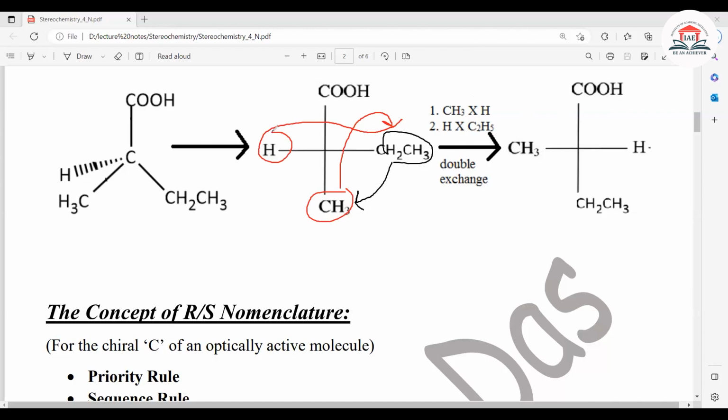So hydrogen will go to the right hand side, methyl will go to the left hand side, and ethyl goes to the bottom part. Did you understand this? Yes, ma'am.